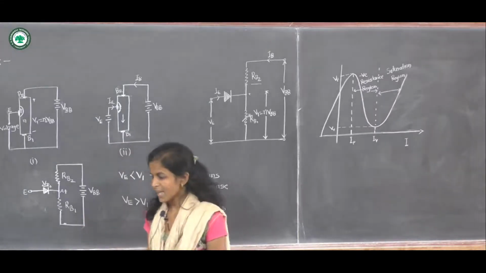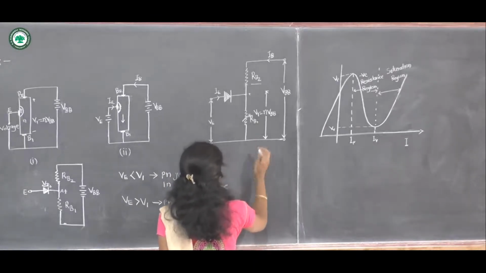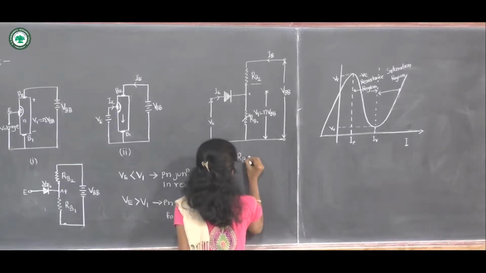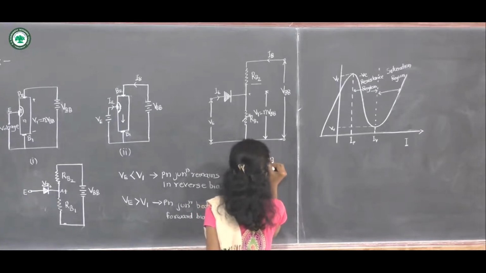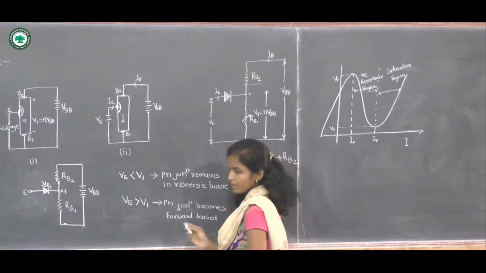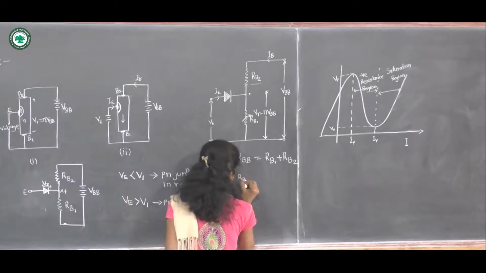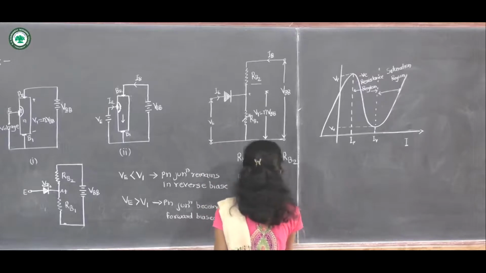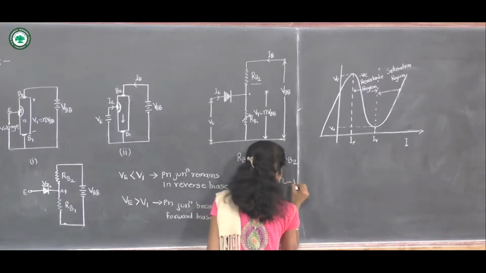So the resistance RBB, that is the resistance across base B1 and B2, is given by RBB equal to RB1 plus RB2, and the value of this RBB lies between 4 kilo ohm to 10 kilo ohm.